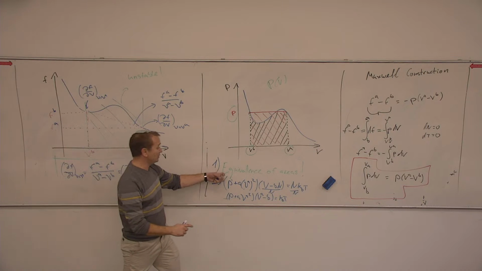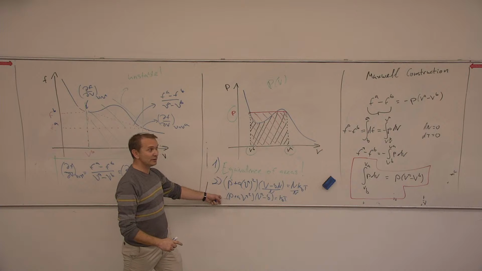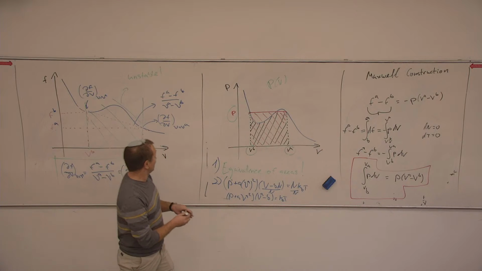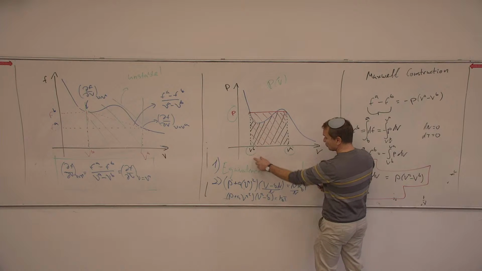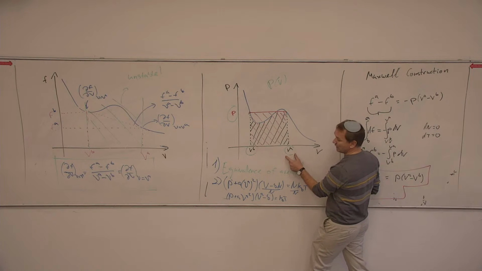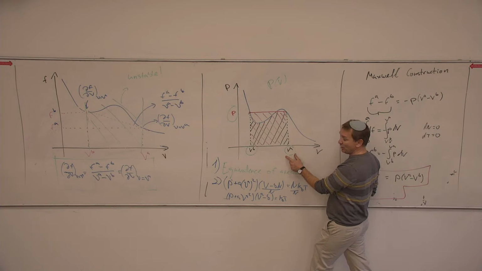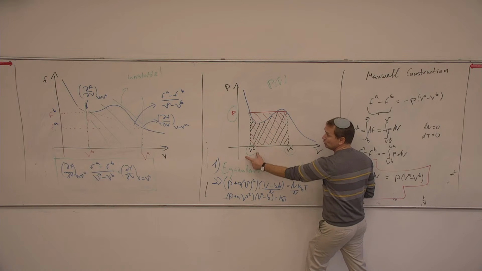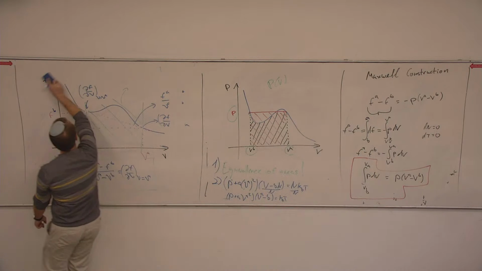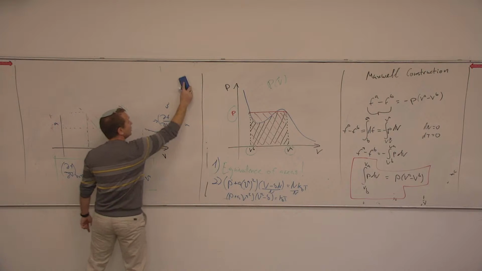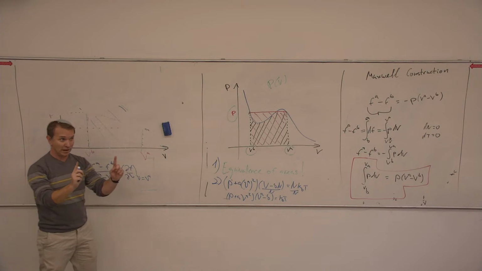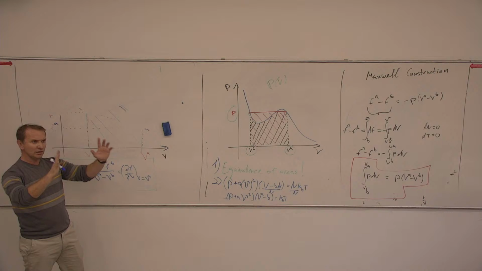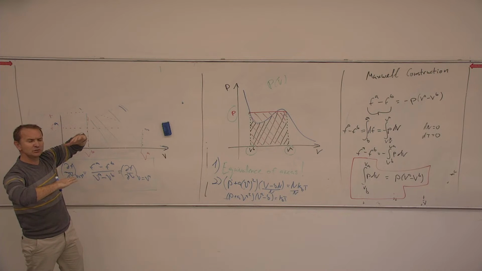We have this equivalence and we have a van der Waals connection. But if you have this for nu A, you can write the same equation also for this point, nu B. The pressure at nu A and nu B is exactly the same. Remember, we started with a coexistence of two phases.